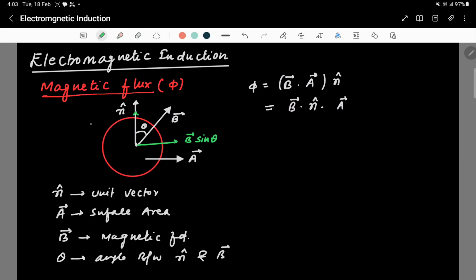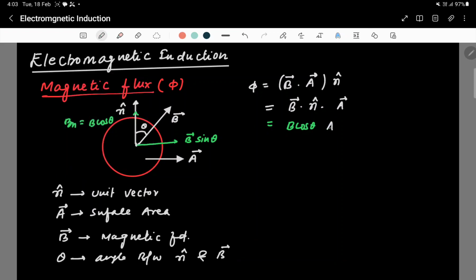Now consider this one Bn equal to B cos theta. So now the angle between B vector and n vector is theta. So we have to take the component of B vector as Bn, which is B cos theta.